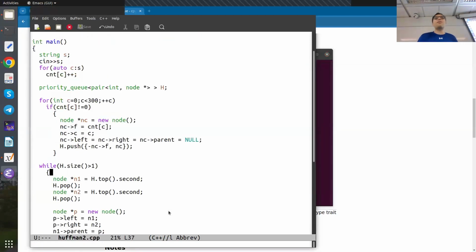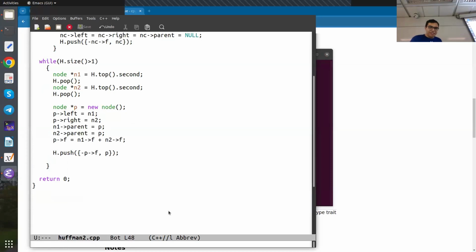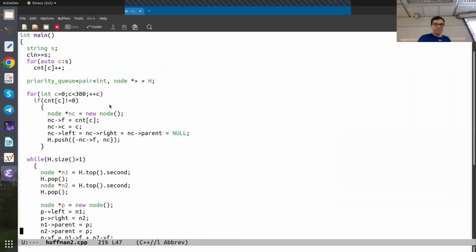I don't have time to write the things that print stuff. But what is my runtime? Looking at this code, it should be easy for you to tell me what my runtime is. So I'm going to start with this heap. Originally, the size of my heap is just the number of different letters that I have.